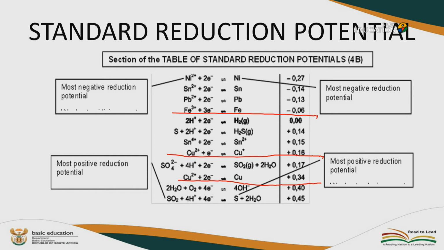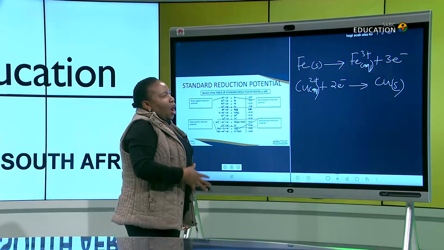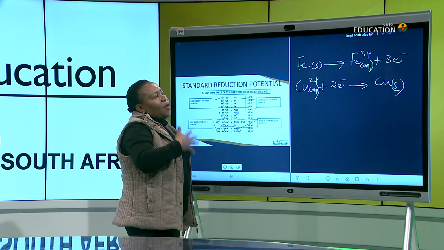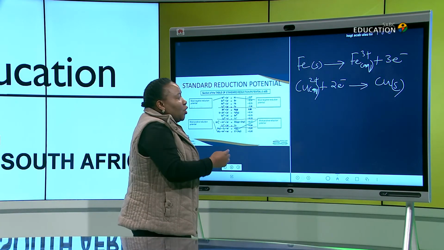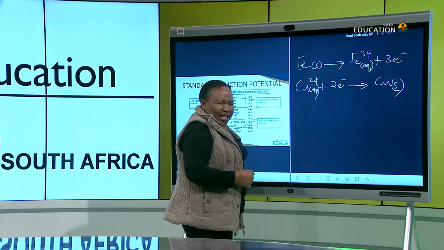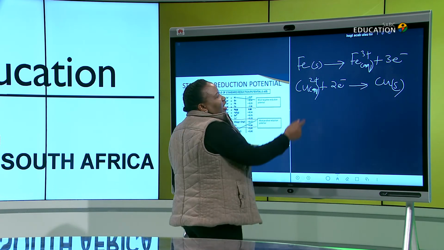Therefore, copper will undergo reduction: Cu2+, which is aqueous, plus 2 electrons going to Cu, which is a solid. From this reaction, you can also say which one undergoes oxidation and which one undergoes reduction. And you can also see which one is a reducing agent and which one is an oxidizing agent.